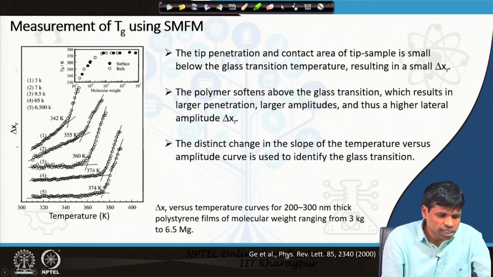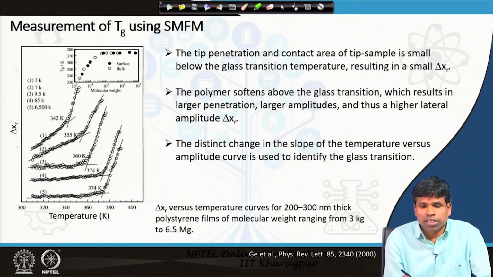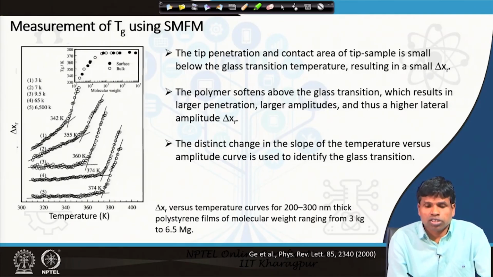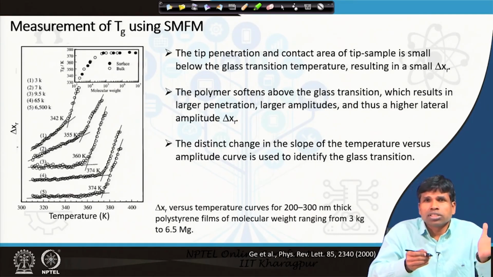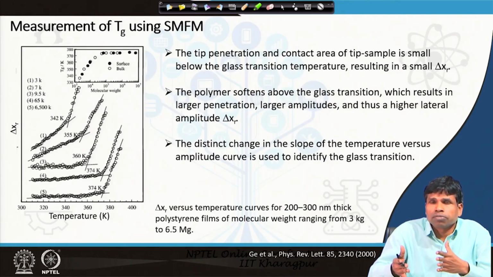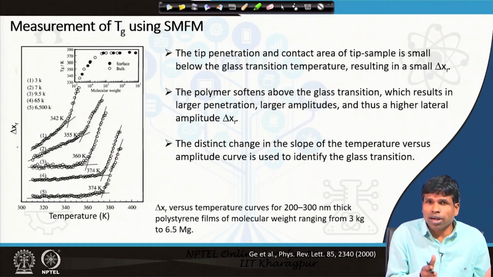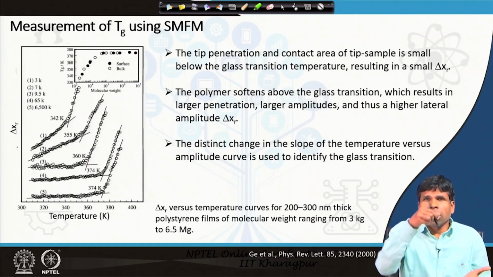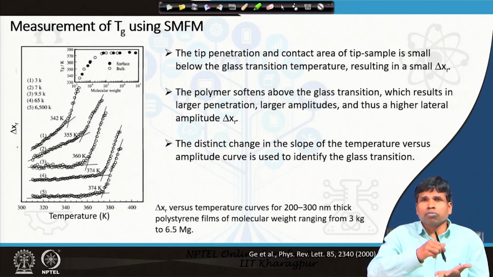Now, what you see here is the measurement of glass transition temperature using shear modulation force microscopy. You know, glass transition temperature is the temperature below which the sample is hard and brittle, and above which the sample is rubbery or molten. Below the glass transition temperature the sample is very hard, so penetration depth will be less, and doing this lateral modulation is difficult.